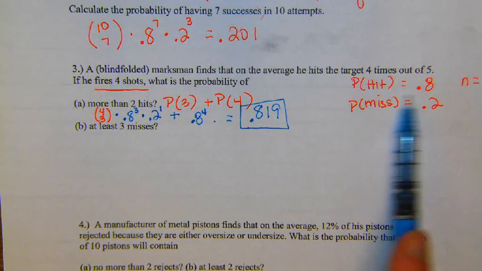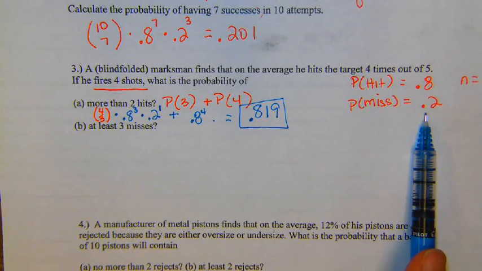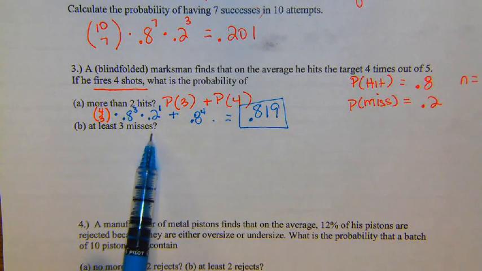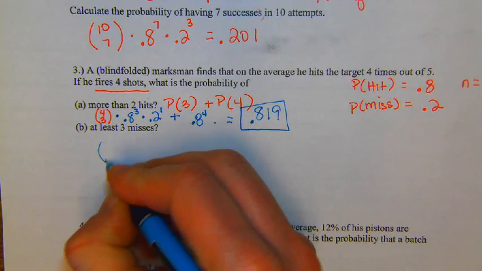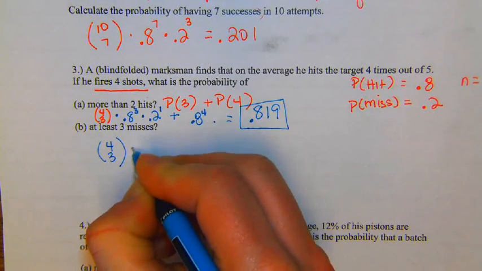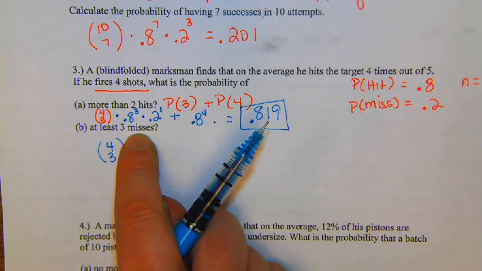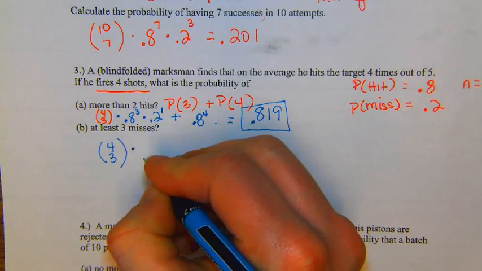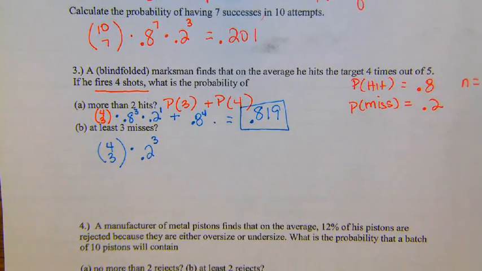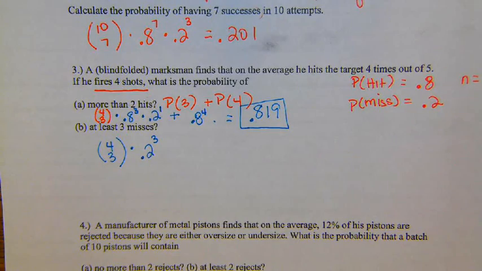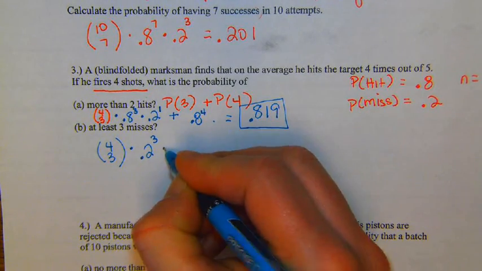So this is the probability that I'm going to want to raise to the 3rd and the 4th power. So the ways to count 3 misses is 4C3, but this time I want to raise the probability of getting a miss to the 3rd power. If the marksman misses 3, that means how many does he hit? 1.